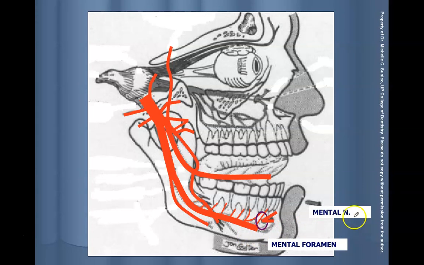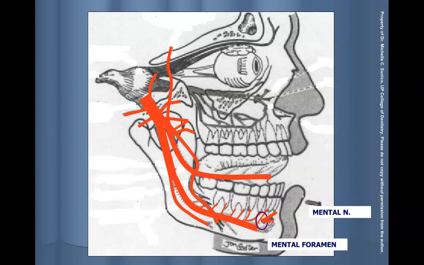Now, after it gives off the mental nerve through the mental foramen, the inferior alveolar nerve continues on, what remains of it, towards the midline, where it meets the other half of the mandibular nerve. Once it crosses the boundary of the mental foramen, it changes its name again.